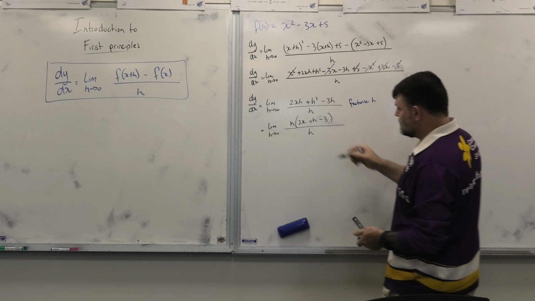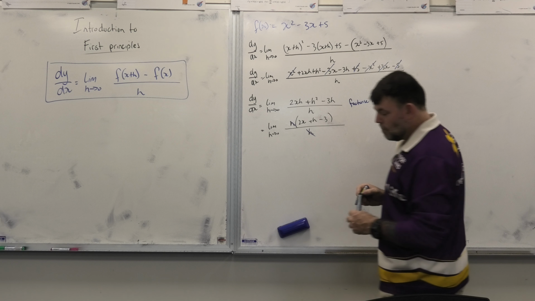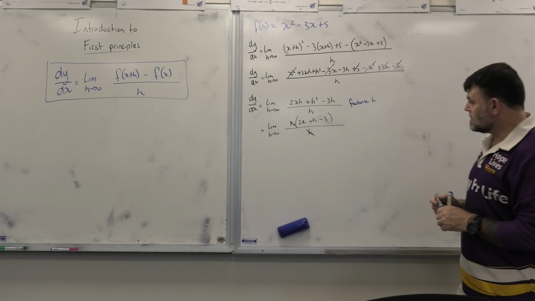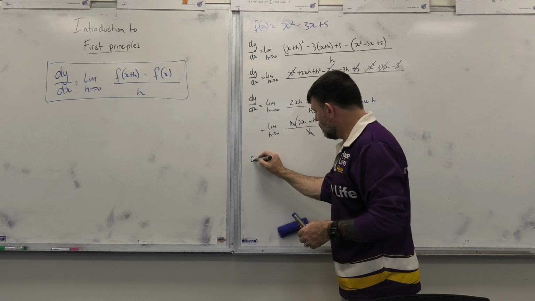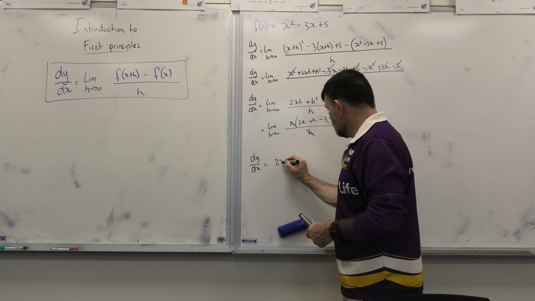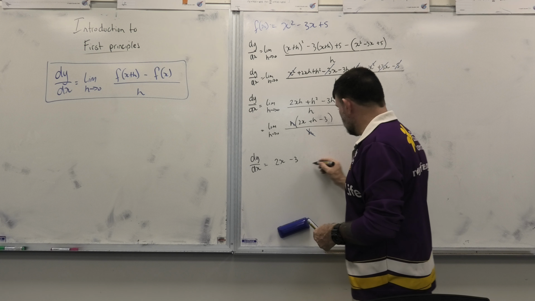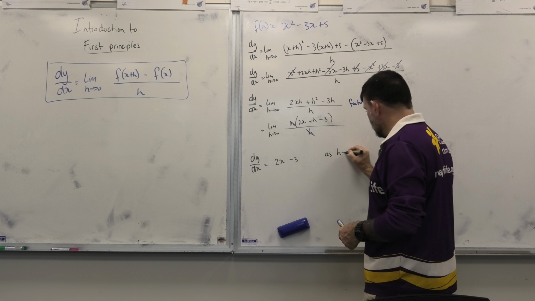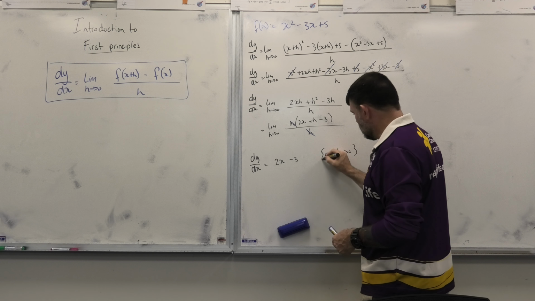I now can cancel down, and once I've cancelled down, my next line is dy dx is equal to 2x minus 3, as h is now going to be 0.